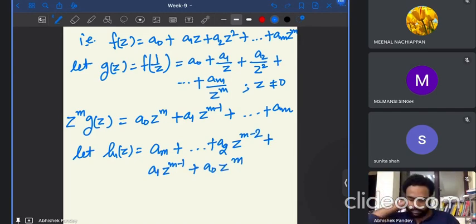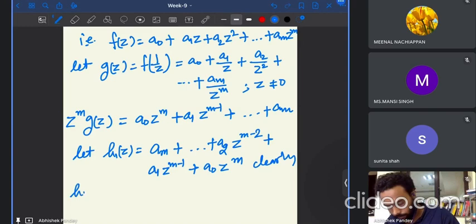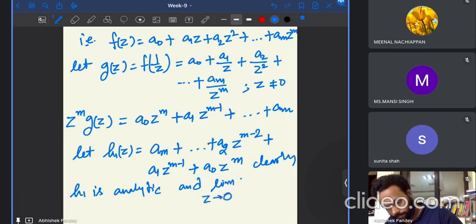Clearly h1 is analytic, and h1 is nothing but the right hand part of z to the power m into g(z). Clearly h1 is analytic, and the limit as z tends to 0 of z to the power m g(z) is a_m, which is non-zero.